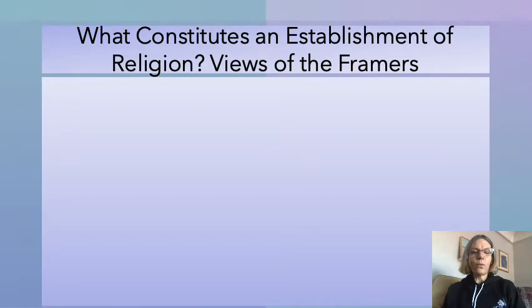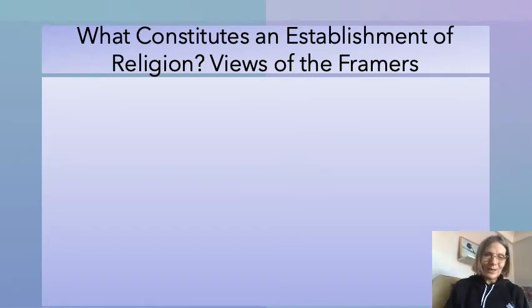Okay, so what constitutes an establishment of religion? What might we look towards to figure out what is, in fact, Congress or the states establishing religion? Well, perhaps we could look at the views of the framers, and your textbook talks about that. We might get some insight into what the establishment of religion means if we look at the views of the framers.